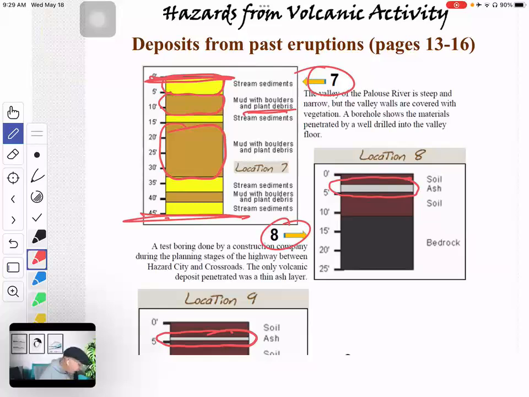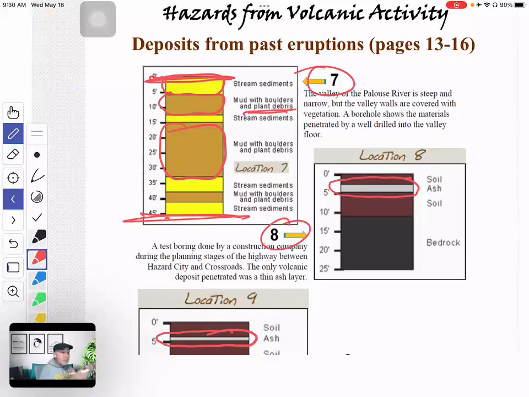But again, because there is a layer of ash there in location 9 from a past eruption, it is very likely that in a future eruption the ash is going to travel at least that far. Okay, so we use the deposits to get information from the past that will inform what's going to happen in the future. So the past is the key to the future.